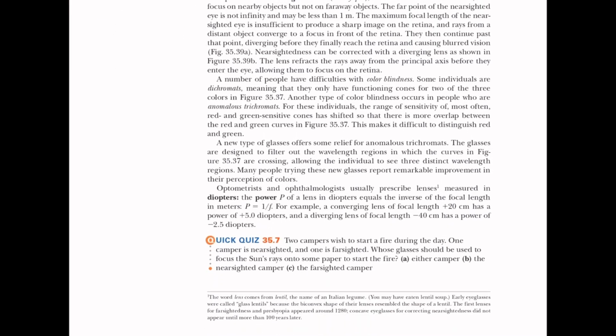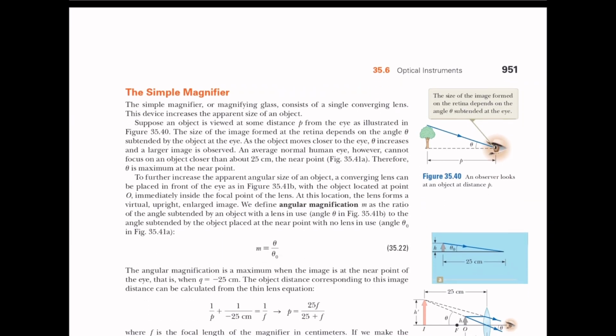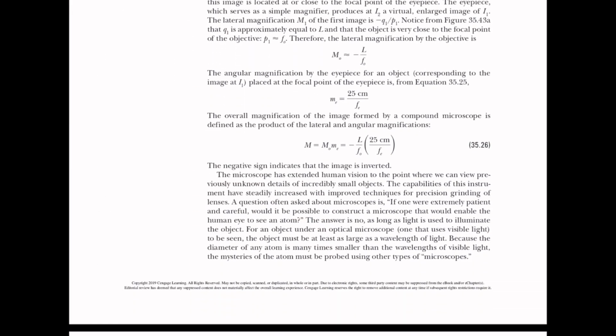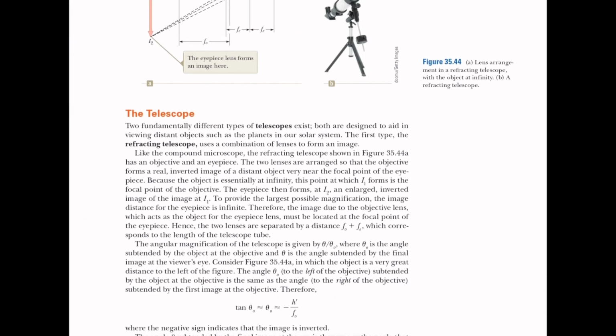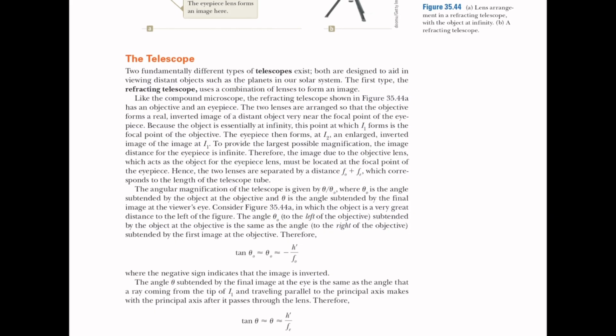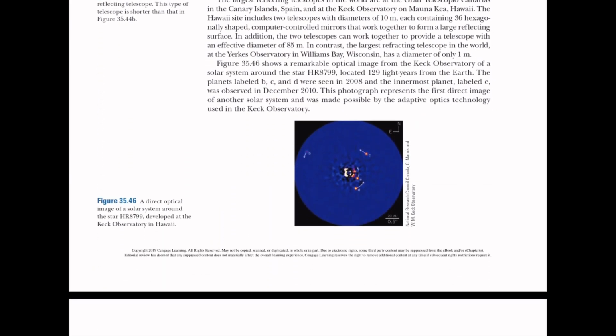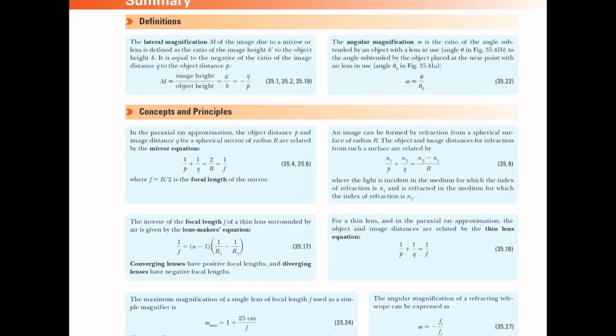Nearsightedness, the simple magnifier. It looks like the exact same stuff. The compound microscope. Yeah, they just kind of shortened it to put everything in one section. The telescope, and they called that entire section optical devices, and they just use subsections instead.